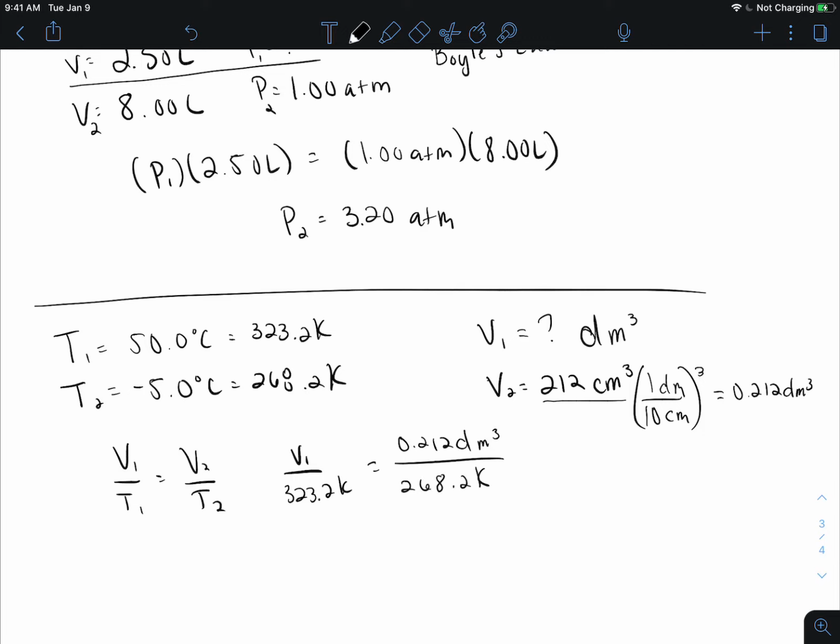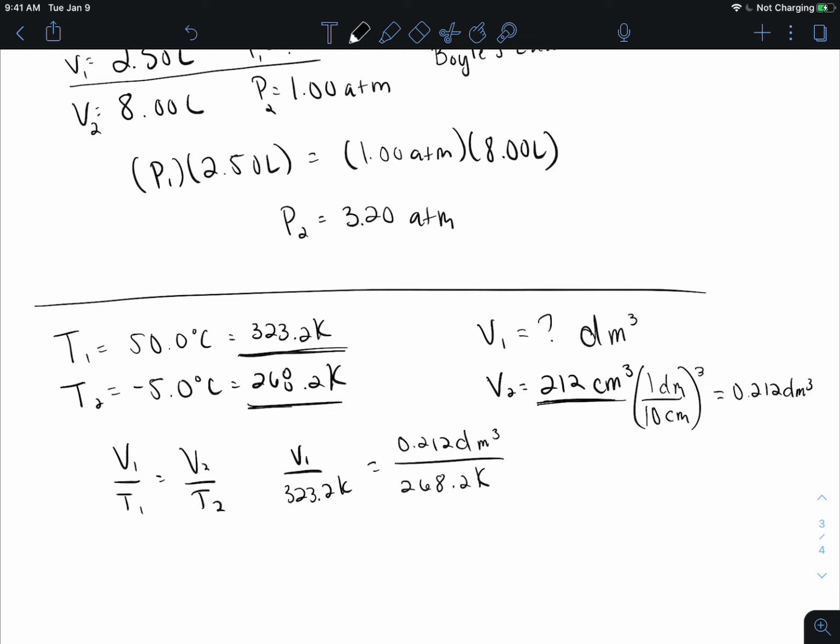268.2 Kelvin. At this point, you should think about what should occur, right? We should expect, since we are lowering our temperature, we should expect our volume to lower. So this lower temperature should have a smaller volume.